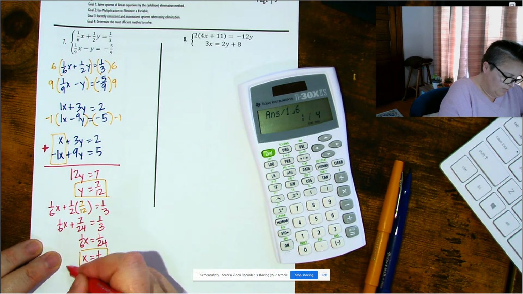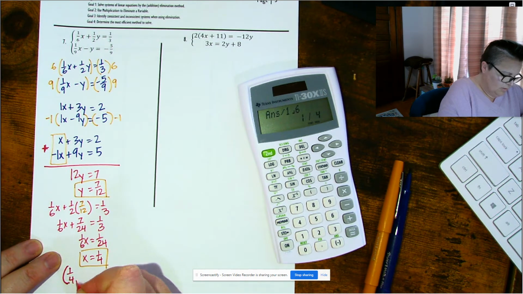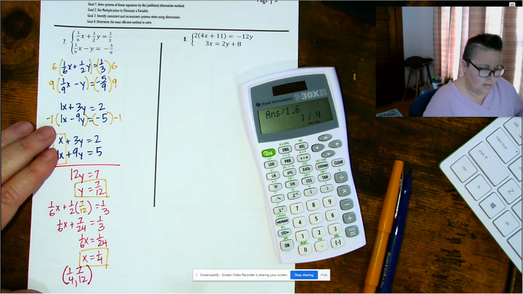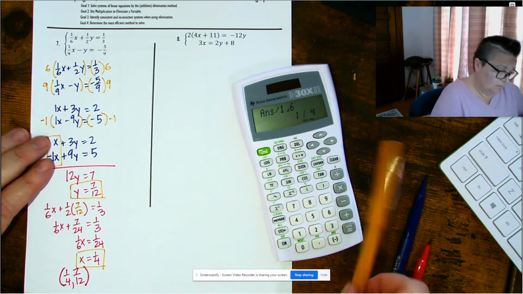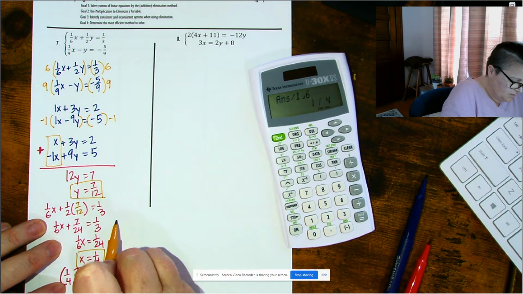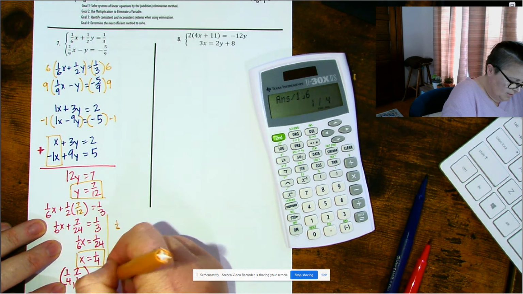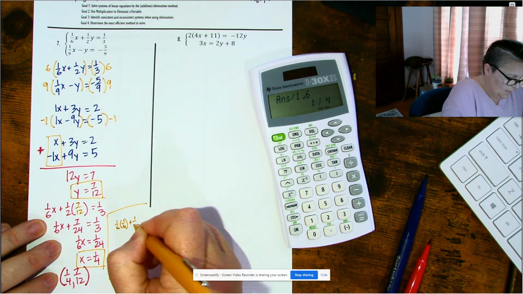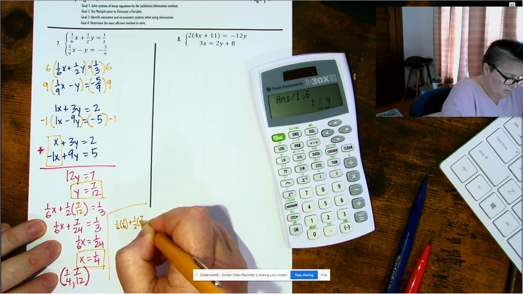So I believe I have an answer here of 1/4, because remember the x comes first, 7/12. Now I want to check it in both equations. Okay. So in the first equation, I have 1/6 times 1/4 plus 1/2 times 7/12.